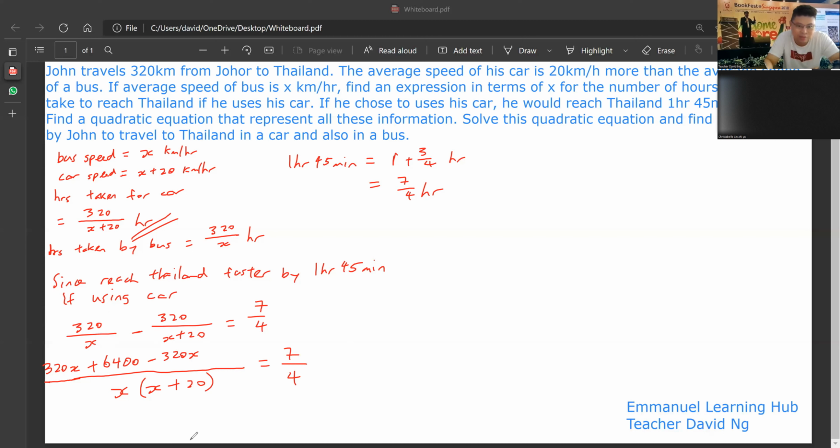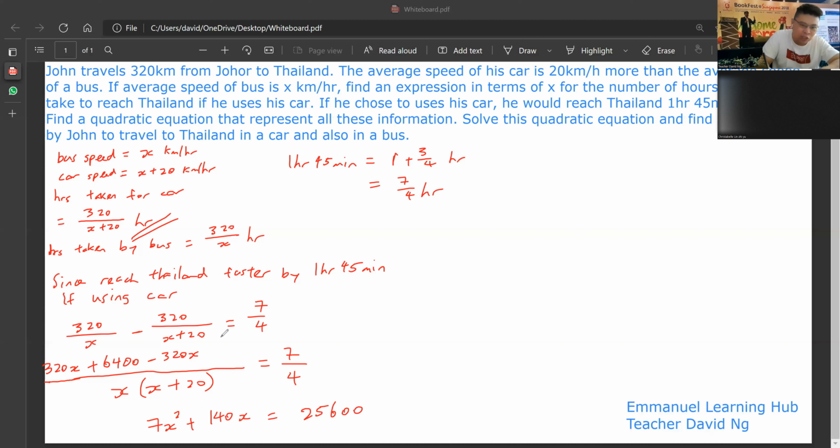Understand how I get this? 4 times 6400, use calculator, is 25600. I'm going to write here 7x squared plus 7 times 20, 140x. Understand? I skip a lot of steps. You understand how I jump from here to here?